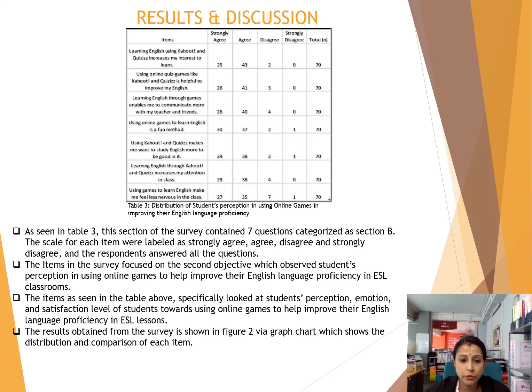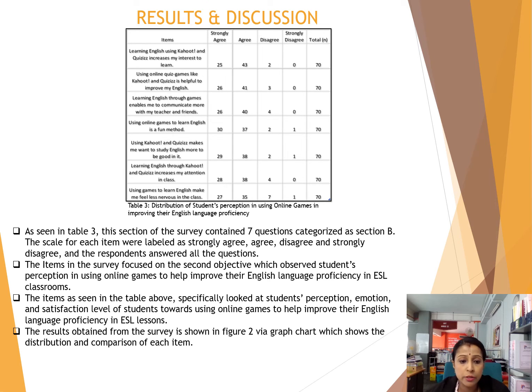As seen in Table 3, this section of the survey contains 7 questions categorized as Section B. The scale of each item was labeled as strongly agree, agree, disagree, and strongly disagree, and the respondents answered all the questions. The items in the survey focused on the second objective, which is to observe students' perception in using online games to help improve their English language proficiency in the ESL classroom.